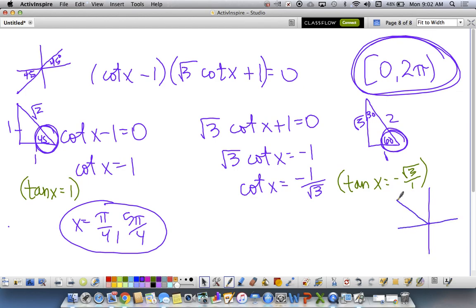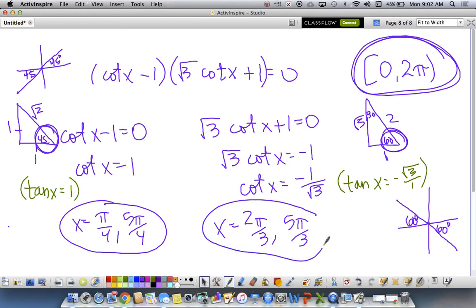We're in the second quadrant and the fourth quadrant with our reference angle of 60 degrees. Looking at my plate, second quadrant, 60 degrees, x can equal what? 120, but in radians? 2 pi over 3 and 5 pi over 3. This one has 4 answers.